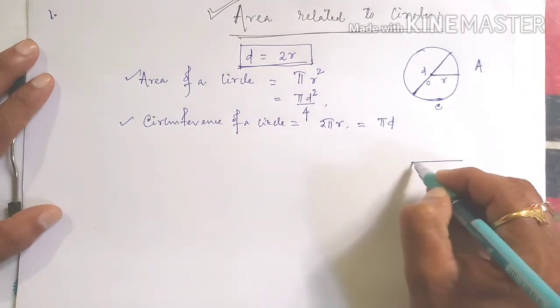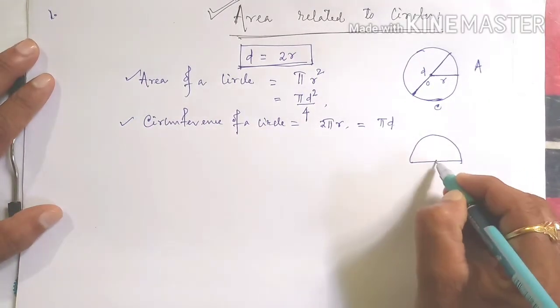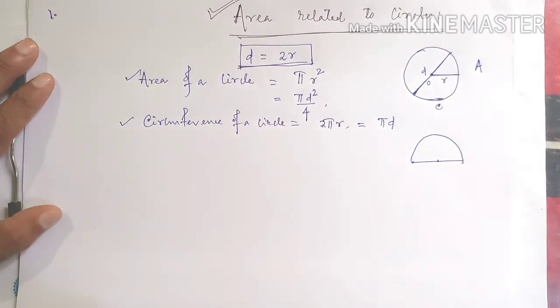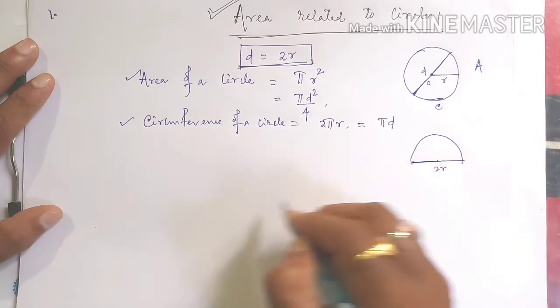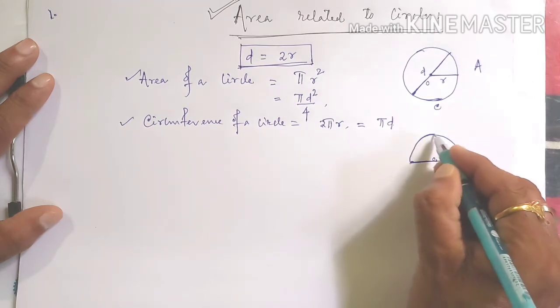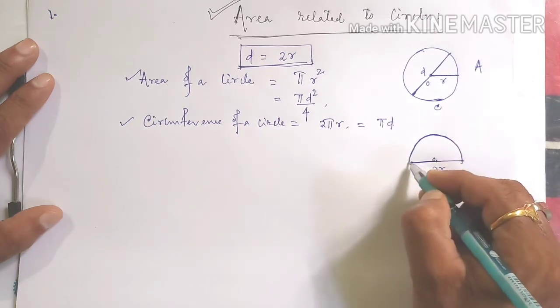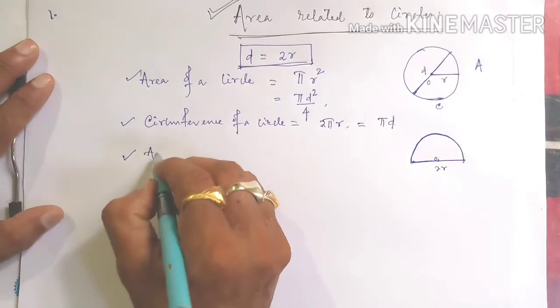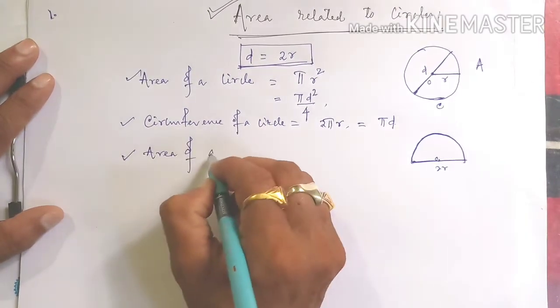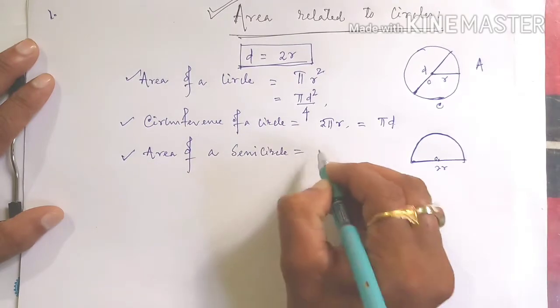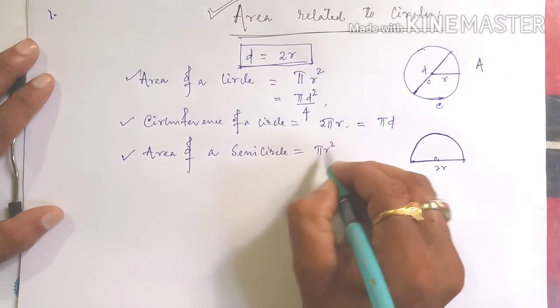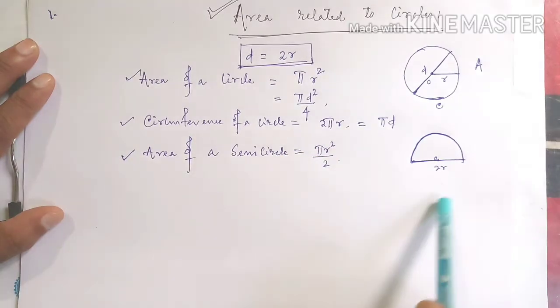Now students, in a semicircle, this is called the diameter, known as 2r or d. Now this is the curved arc. Area of a semicircle is equal to pi r square by 2, because it is half of the complete circle.